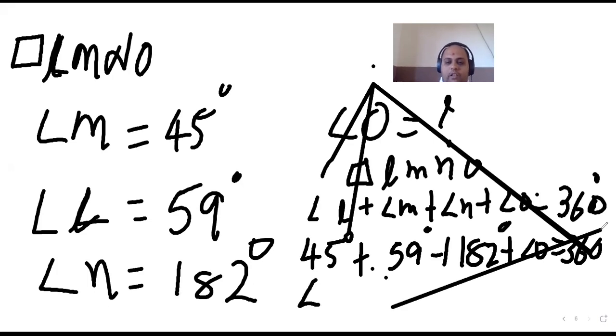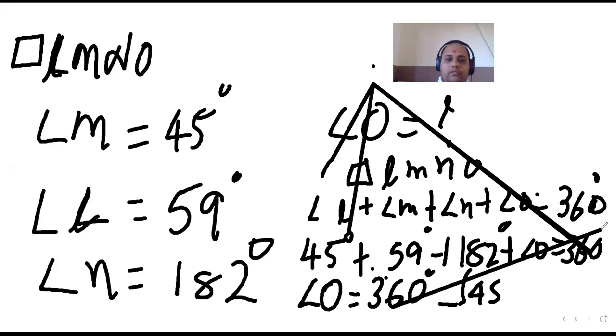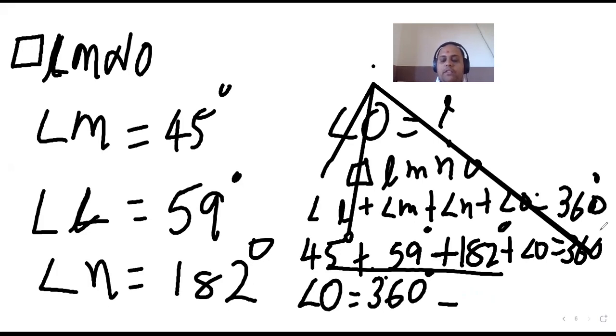So angle O is equal to 360 minus these three added. Two plus nine, 11, 11 plus five, 16. One carried over, eight plus one, nine, nine plus five, 14, 14 plus four, 18. One carried over, and one plus one, 2. So 286.